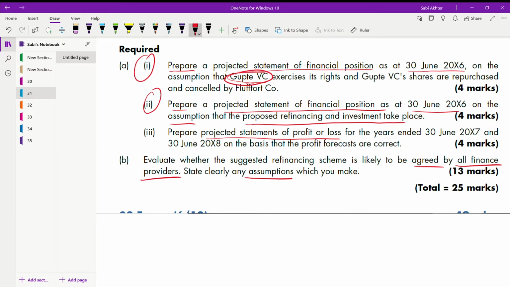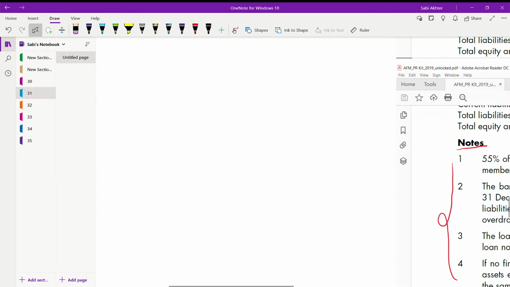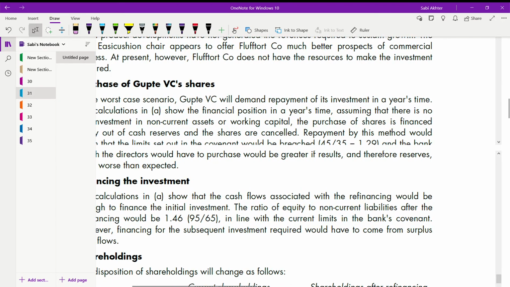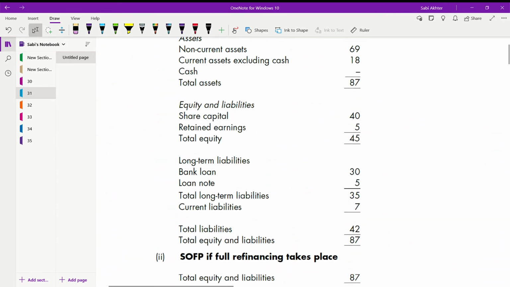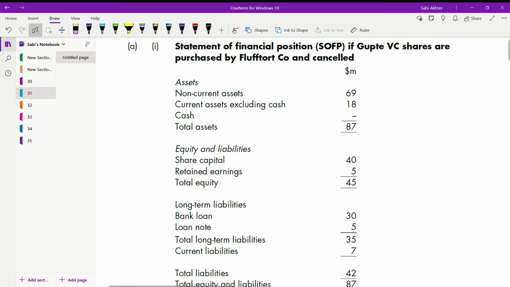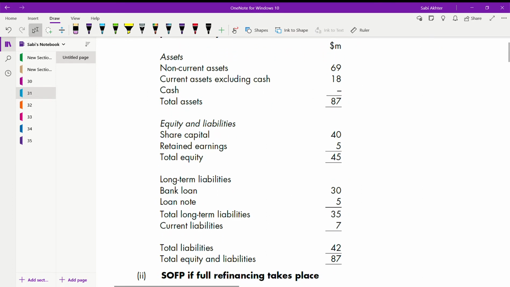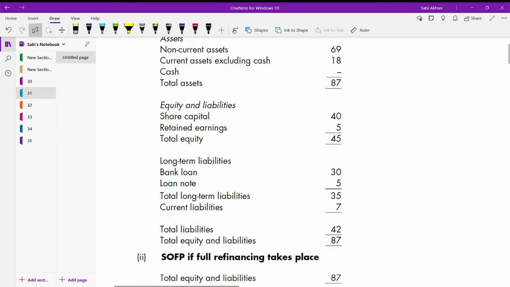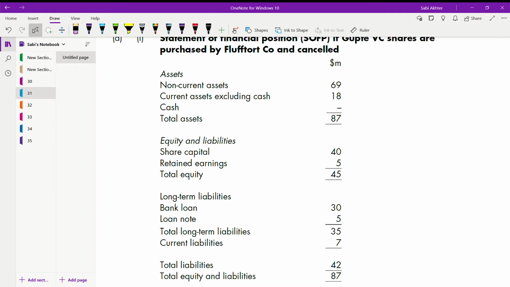Okay, coming to 32. Oh wait, let me show you that 31 answer. Just see here how they have given you the main cash flow. You will see that this cash is not there, right?